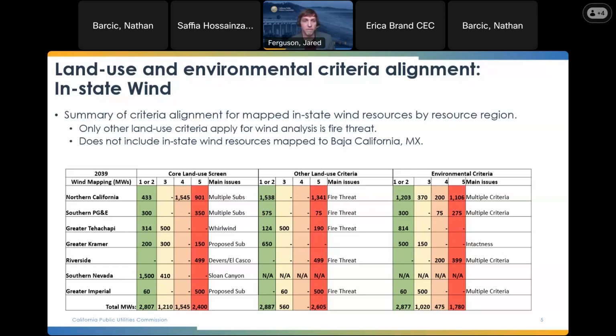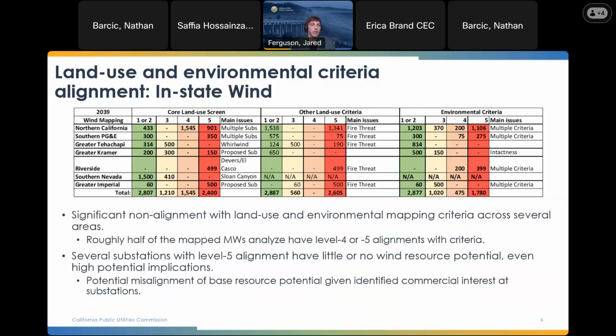Next slide, please. So as I was saying, of the wind resources we have this analysis for, roughly half the megawatts mapped have level 4 or 5. And I spoke to this briefly towards the start: one of the issues we are observing is that at some substations, we have level 5 criteria because we have no wind resource potential.